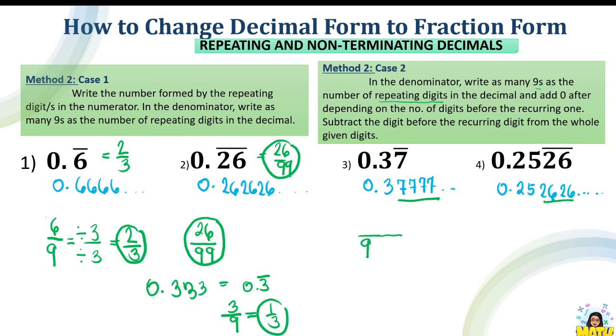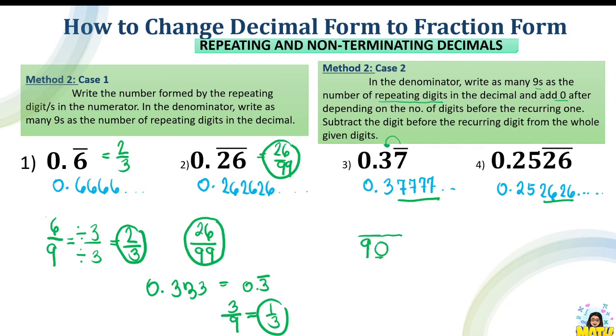And, add 0 after depending on the number of digits before the recurring one. Sabi, dadagdag pa tayo ng 0 dito, depende kung ilan yung digit na hindi umuulit o bago yung umuulit na digits. So, ilan ba to? Isa lang. So, isang 0 lang yung ilalagay natin.